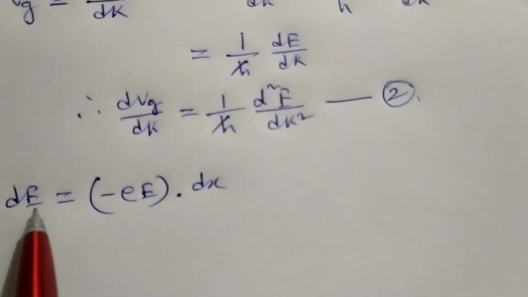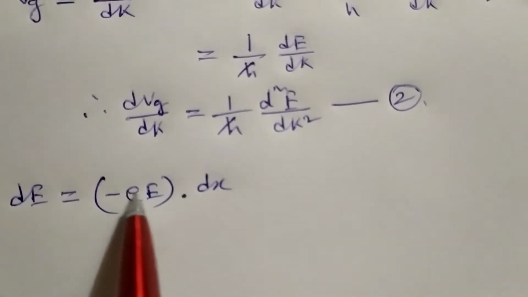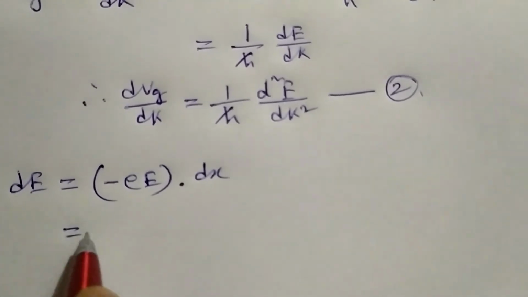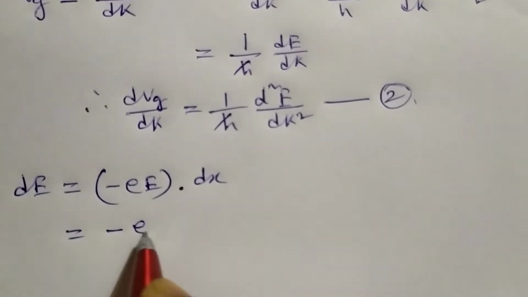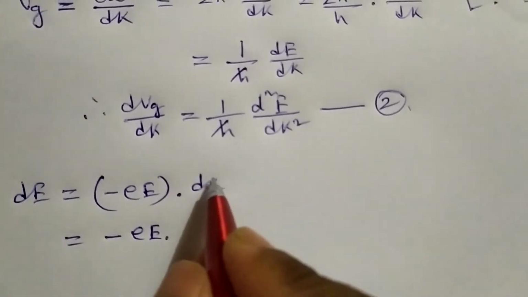This is the work done, it is the change in energy. Force is minus eE because the electron is negatively charged, so we can write minus eE dx.